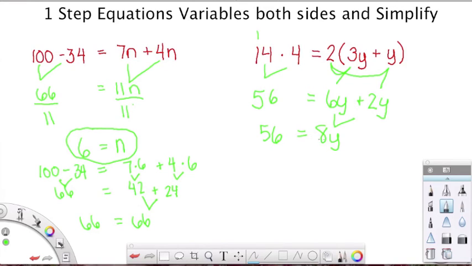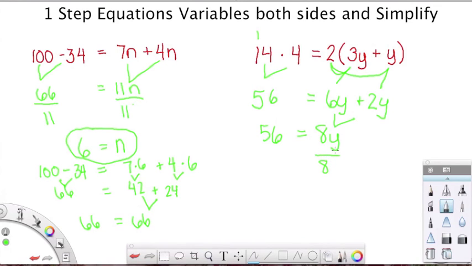The question is, can we solve? Well, absolutely. We need to solve for the variable, and we need to isolate the variable. How do we isolate the variable? We want to get it all by itself. Well, what's happening to the variable? It's being multiplied by 8. How do we undo multiplying something by 8? What's the opposite or inverse operation? It's dividing it by 8.